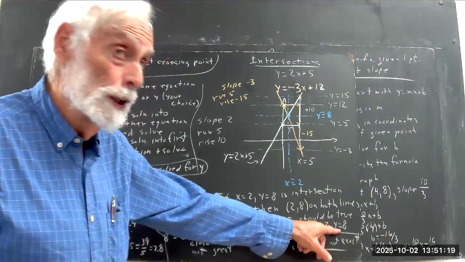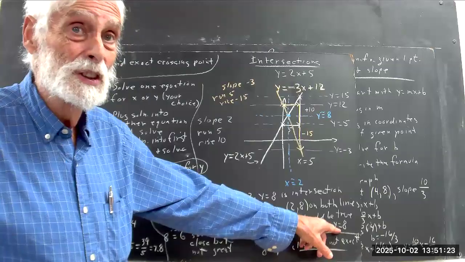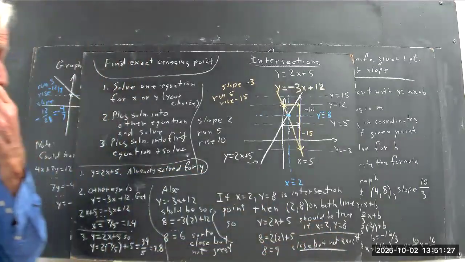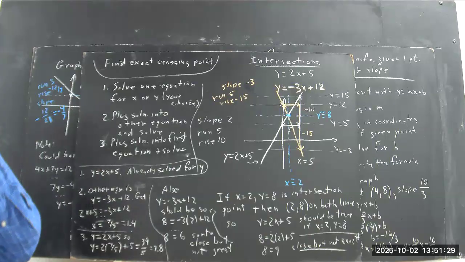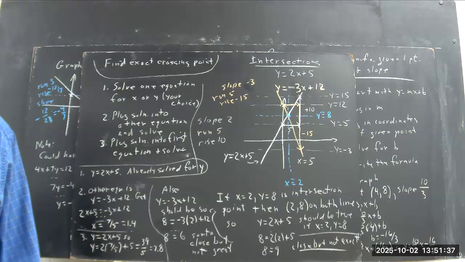I only missed the y coordinate by like 6%. Okay. I missed the x coordinate by about 30%. But it's tough to do this accurately with a hand sketch graph.